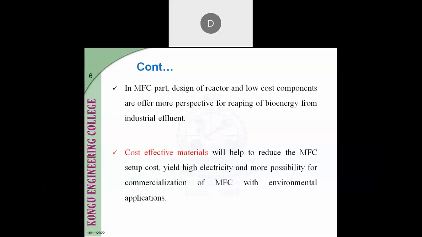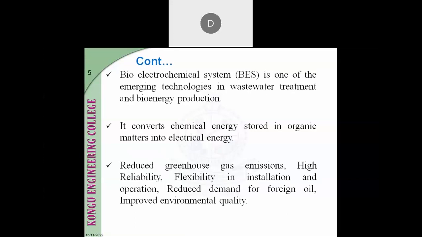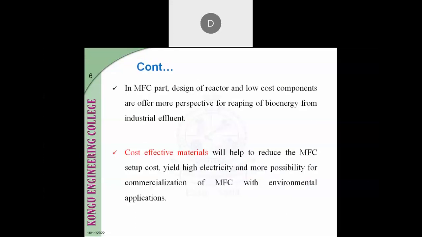Here, in the bioelectrochemical system, we are going to use the MFC, the microbial fuel cell. One of the important parts of the microbial fuel cell is the electrodes.